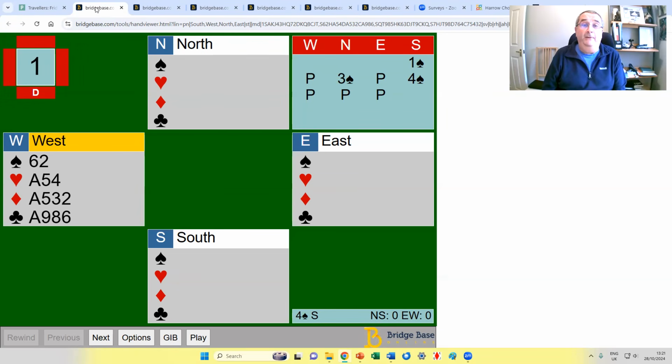This is the hand, and I've just rotated it so that it's being played by South. And you're on lead against 4 spades, and you've got 3 aces here. And your first question is, what are you going to lead?